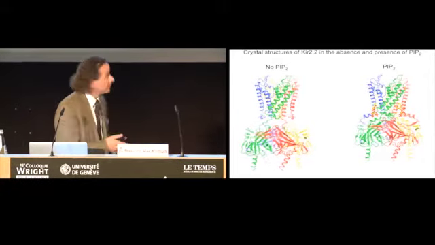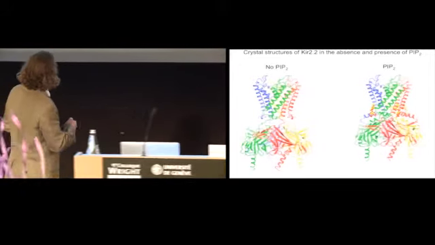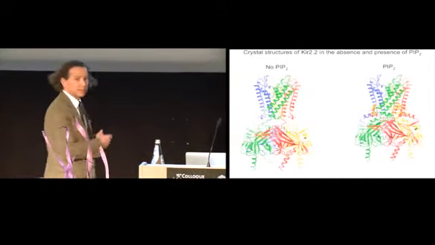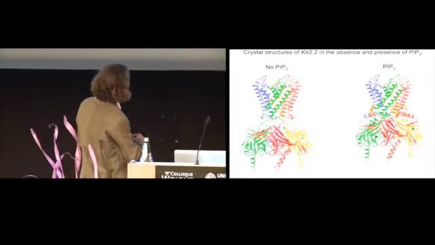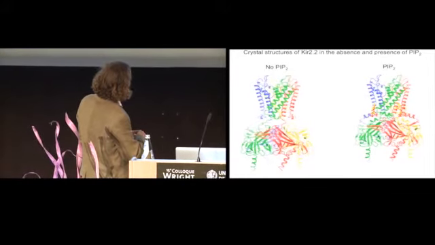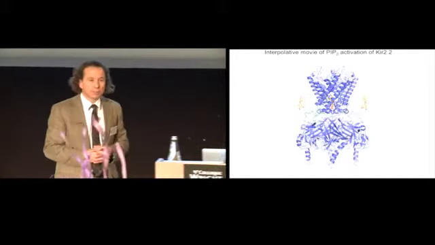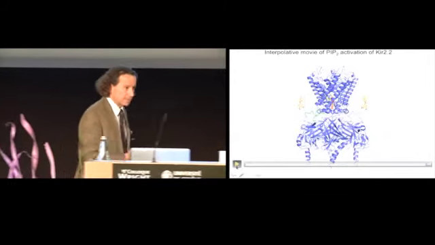Example 2. Example 2 is a channel that we call GIRK. It's a G protein gated channel, and I'll explain what that means. That's a channel that is in the membrane and will be activated by another protein called a G protein beta gamma subunit.